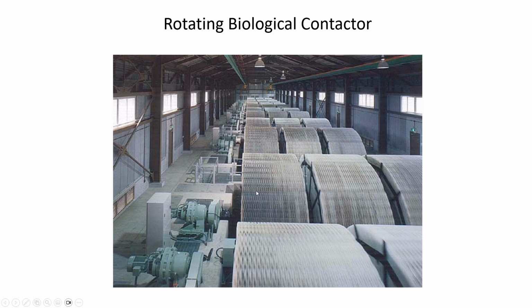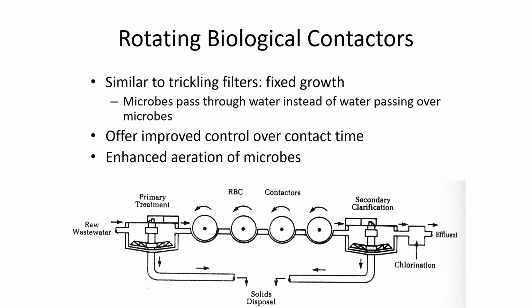You're not having to pump the water, you're not having to recirculate sludge, you're not having to provide aeration necessarily. So it's a very economical means of reducing the BOD. It doesn't have a huge amount of removal efficiency. It's not as effective, but for the BOD that is removed, you're doing it without much of a cost because the aeration and pumping is so much less.